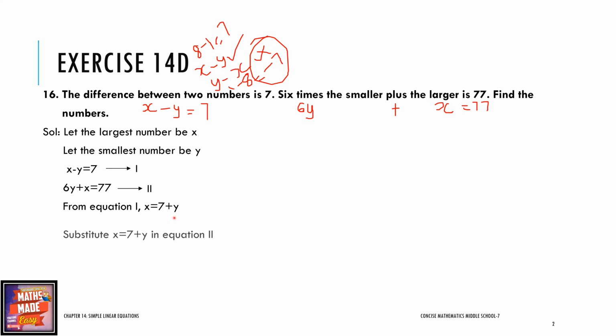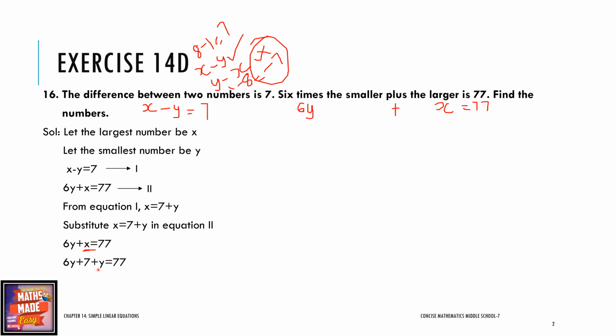Now just substitute this x value, x is equal to 7 plus y, in the second equation. So it will be 6y plus 7 plus y, instead of this x, I have replaced it with 7 plus y, is equal to 77.